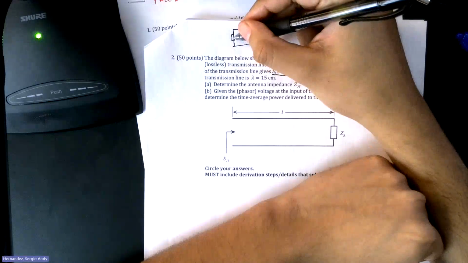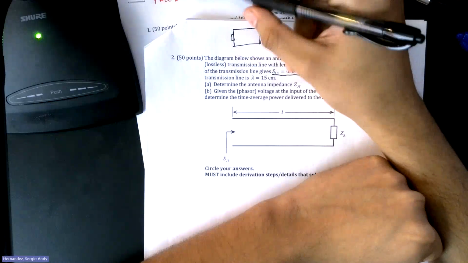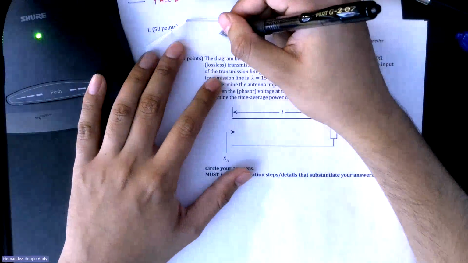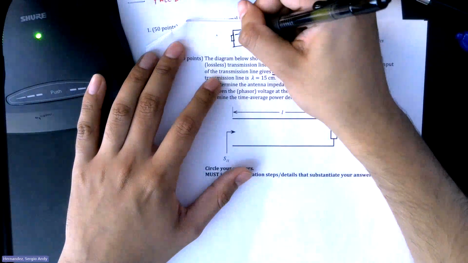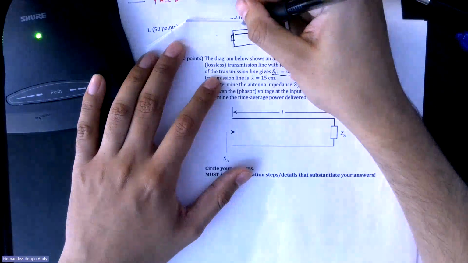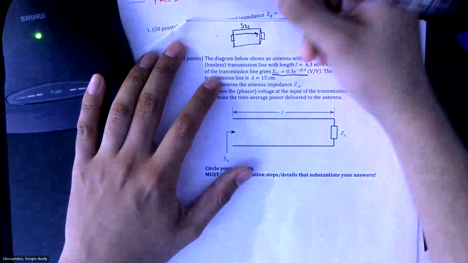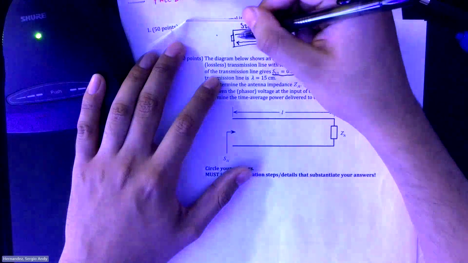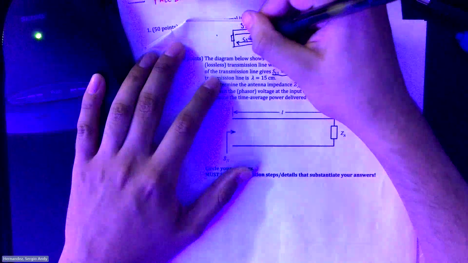So you can pretend like it's port 1, port 2. So if you send a signal here, this is your S21. If you send a signal this way from port 2 to port 1, it's your S12.